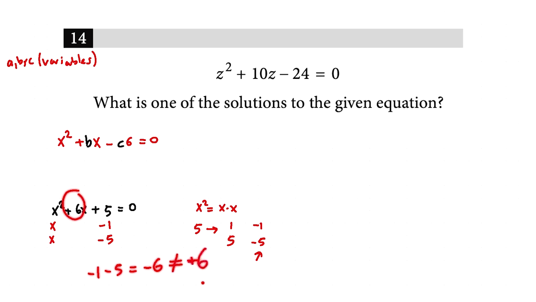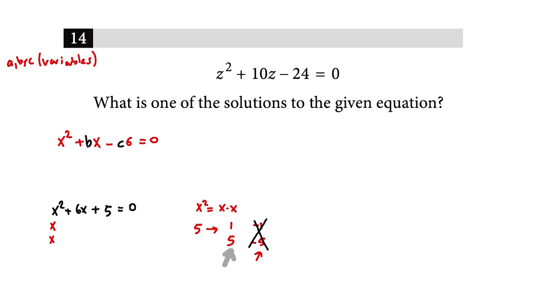If it is not positive 6, it means these factors are not correct, so I am supposed to remove them. I'm going to erase them because negative 1 and negative 5 is not the correct one. I will put an X in front of this if it's not working, and I'm going to erase negative 1 and negative 5 here. The only option left for me is positive 1 and positive 5.